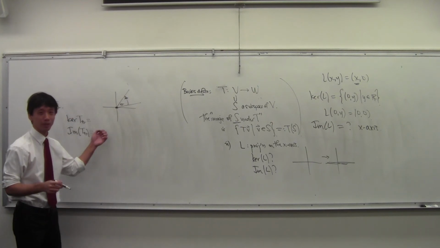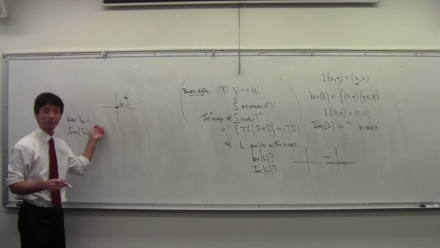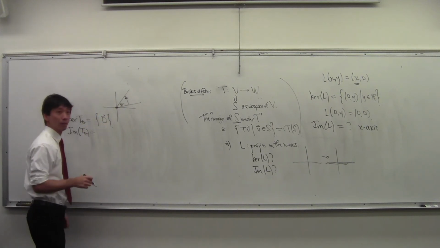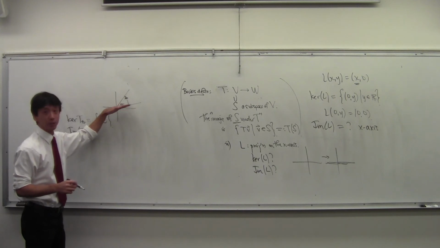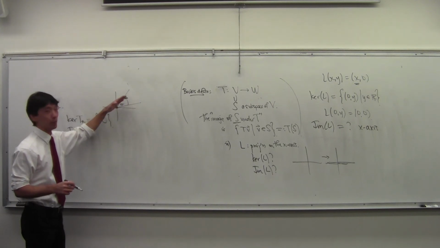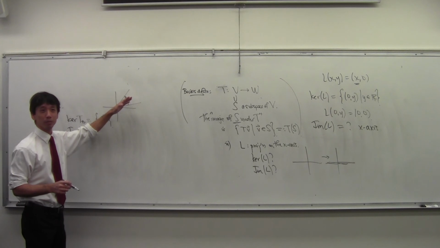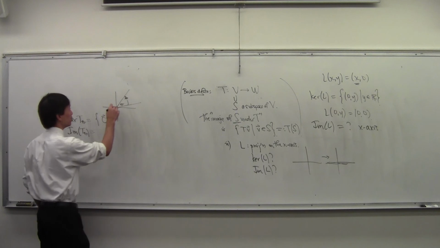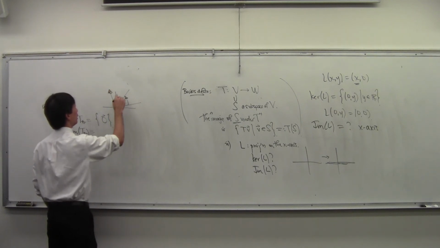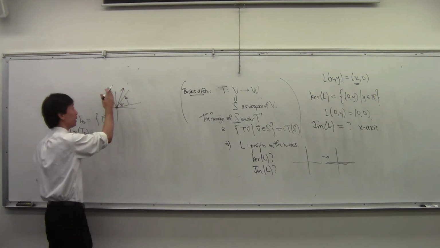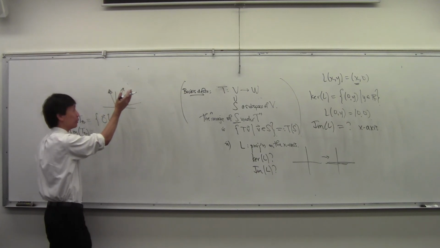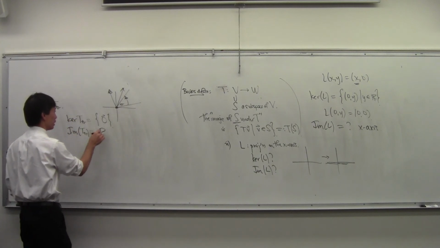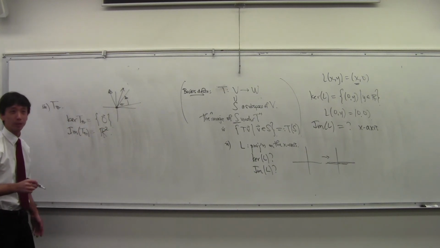What gets rotated and turns into the zero vector? The zero vector, right? So the kernel is just the zero vector. What about the image? What kind of things can you get as outputs? Anything, right? You can get any vector as an output, because the vector rotated theta degrees this way will get rotated theta degrees back to it. So all of R2 is the image.